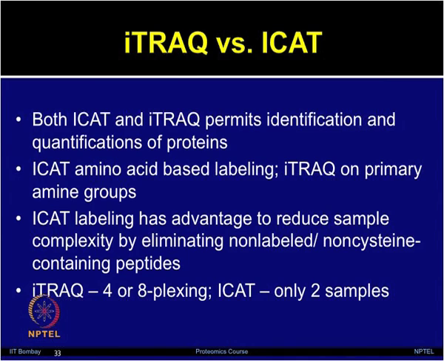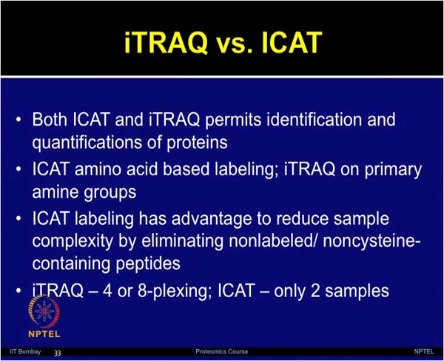The ICAT labeling has the advantage of reducing the sample complexity by eliminating the non-labeled or non-cysteine containing peptides. iTRAQ provides 4 or 8 plexing multiplexing capability, whereas ICAT provides only 2 sample comparison.